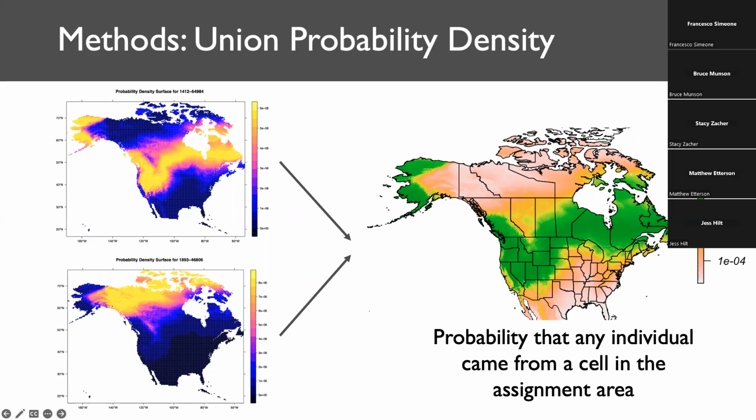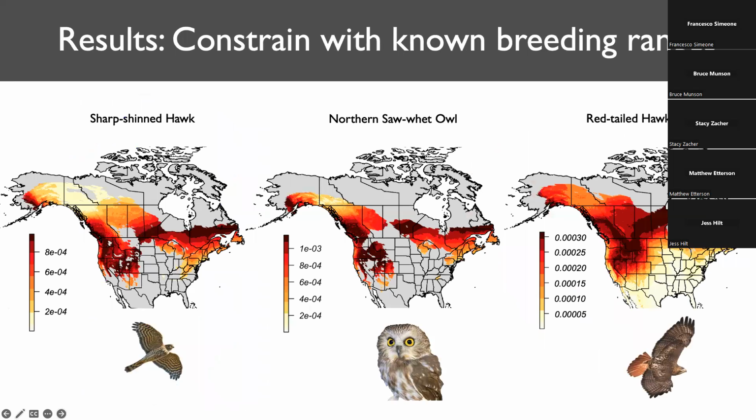In this example, the green area indicates the highest probability for that species, whereas the lighter or pink color is a lower probability. So this is what the maps look like.